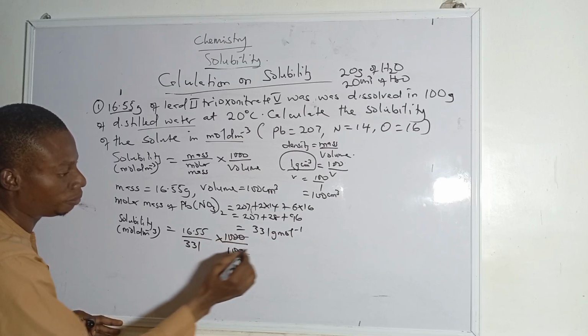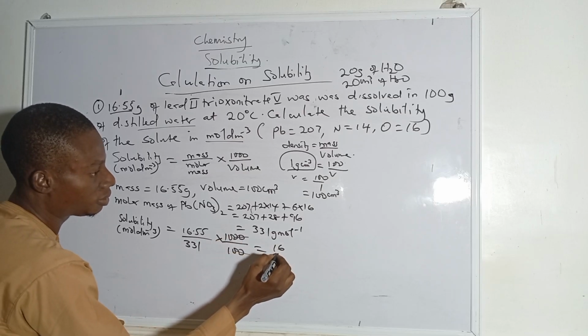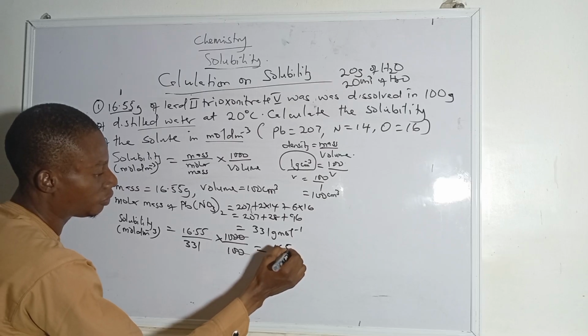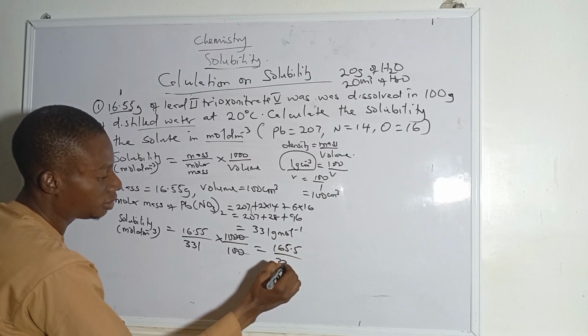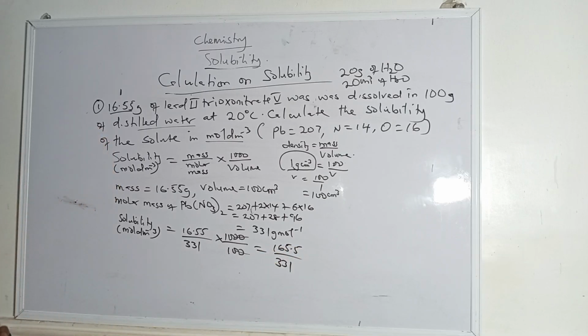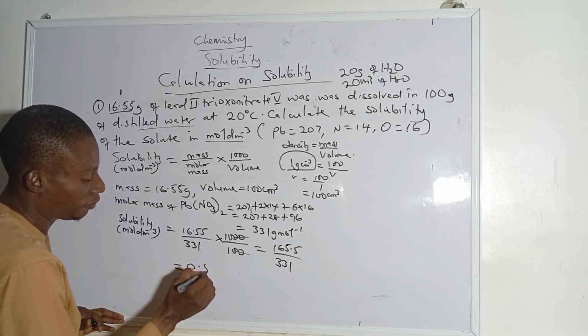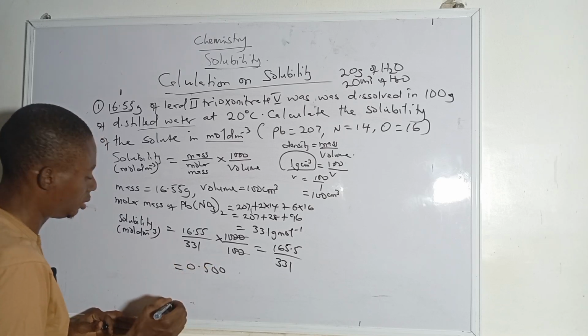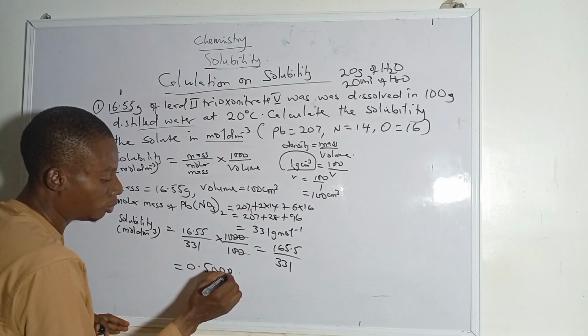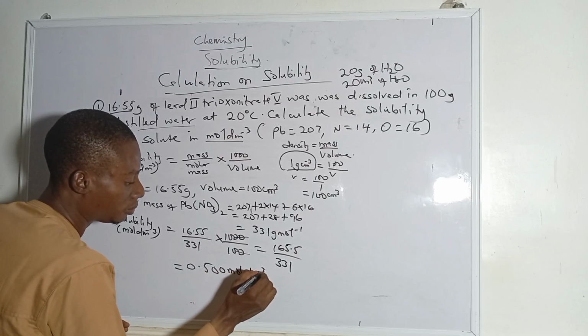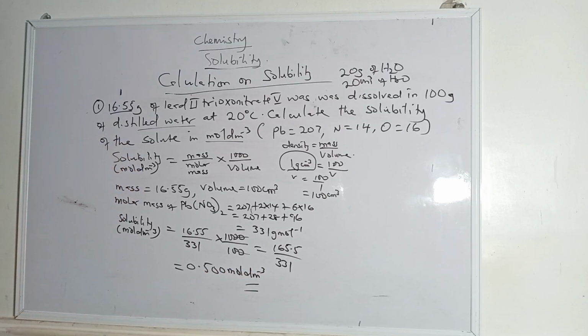So it will now be 165.5 over 331. You can use a calculator to divide. The answer is 0.5. You can add 2 more 0s to it to make it 3 significant figures. So 0.500 mole per dm cube. That's the answer. I hope it's clear.